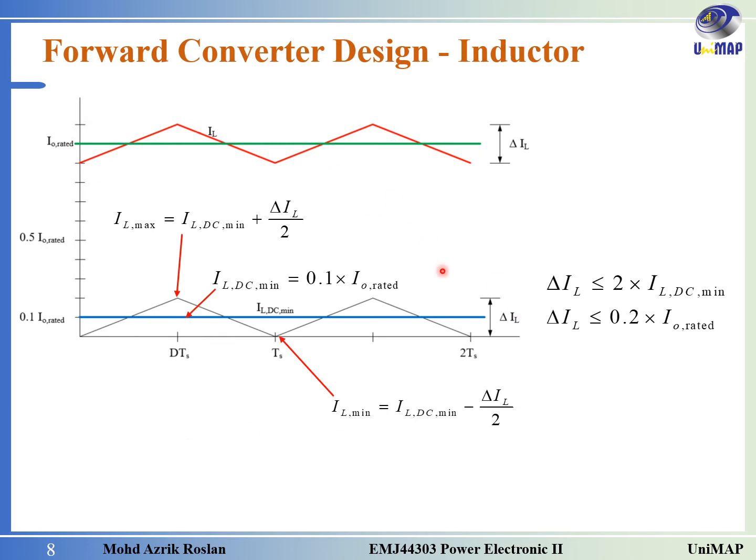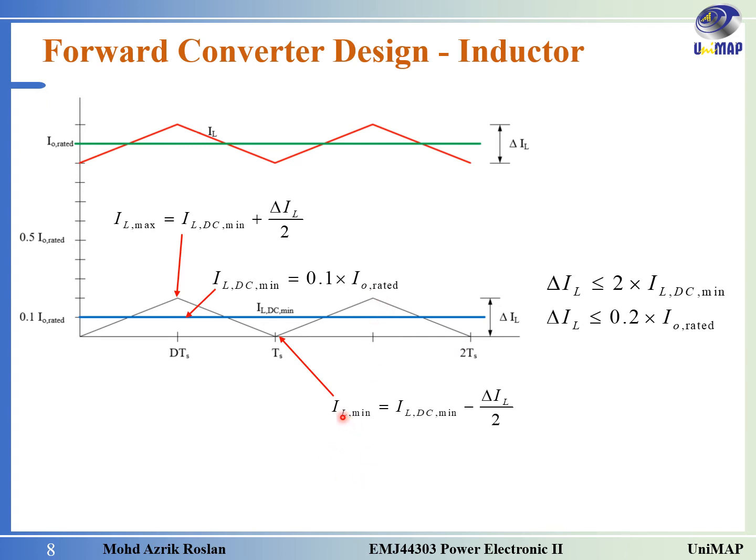Okay, so this is with equation. We have ILDC min equals 0.1 multiplied by I out rated. So I out rated is this one, the green one. And then we have here the delta IL from the minimum here until here. We have 0.2 multiplied by I rated, because this is 0.1. So if you have the peak here, this one is 0 and this one will be 0.2 I rated.